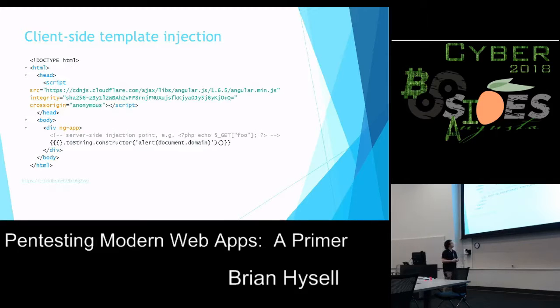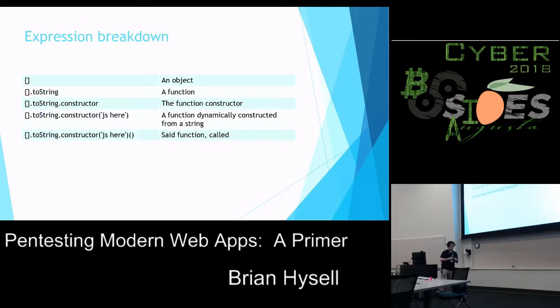So starting out, for example, we've got PHP echo GET foo. What we might, as an attacker, provide is this expression, and this will pop an alert box for us. If we want to break that down, we start out with an empty object, and then if we add toString to that, now that's a function.